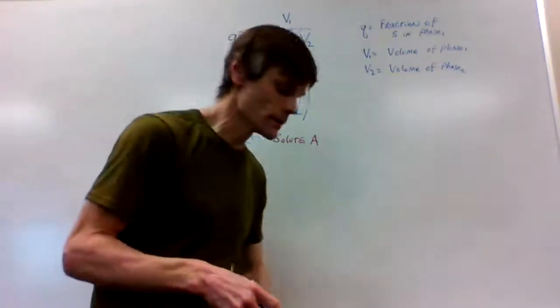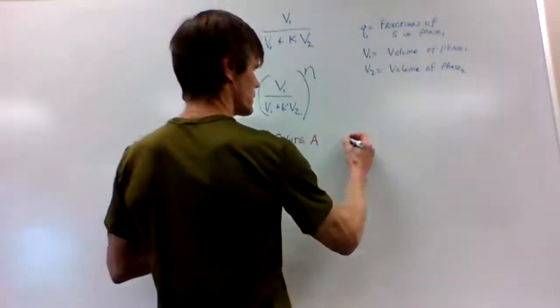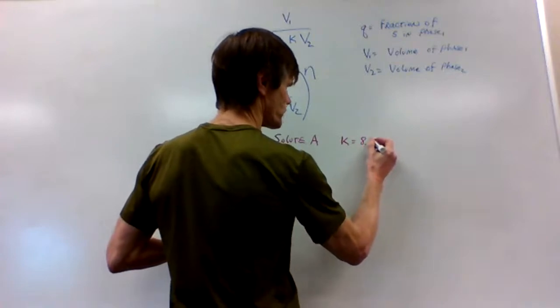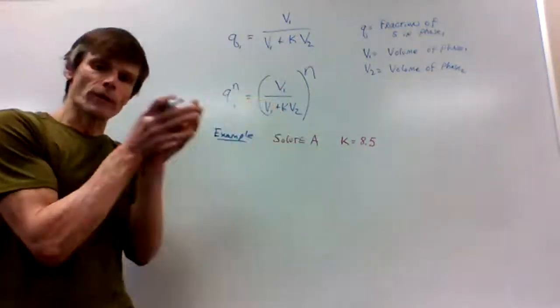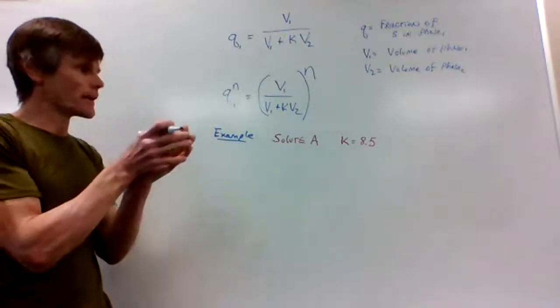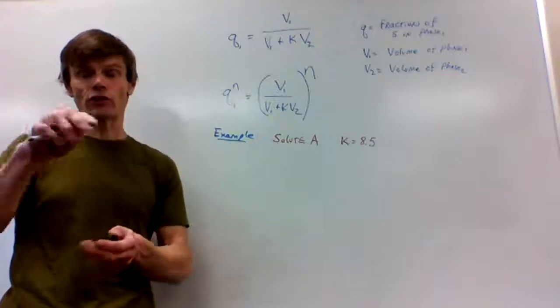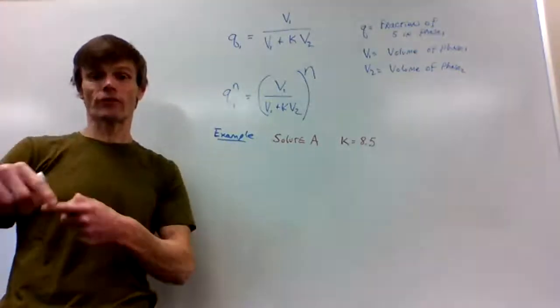Solute A has a partition coefficient K of 8.5. And we're going to look at it just like we've been describing. What this tells us is that K is 8.5. And remember, this is the ratio of our solute moving into the second phase over the first phase.